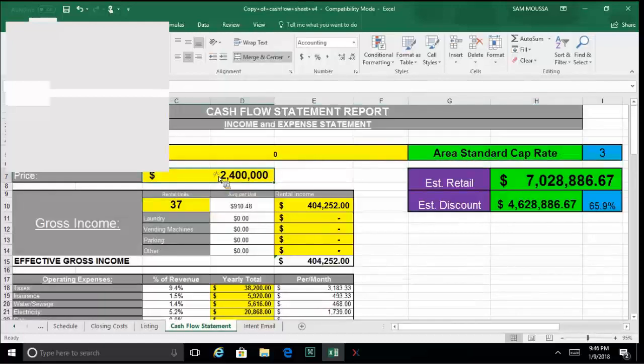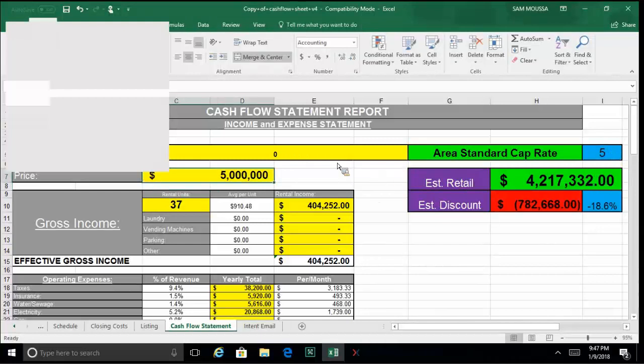That being said, let's say the cap rate in a particular area is 5. It says 4.217 million, but the list price they give you is, say, 5 million. You're thinking, how is this possible? How are they getting 5 million?